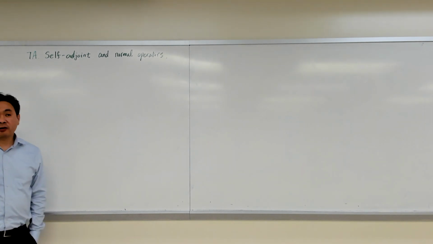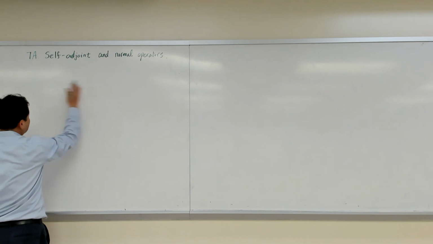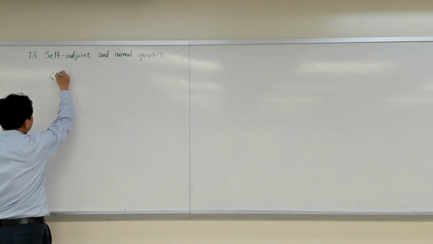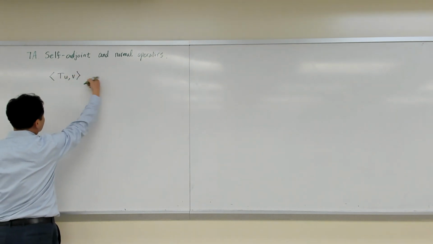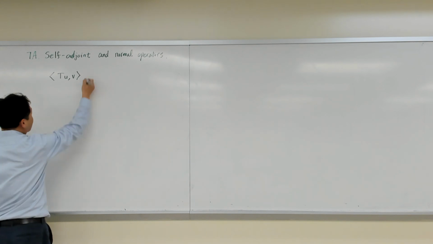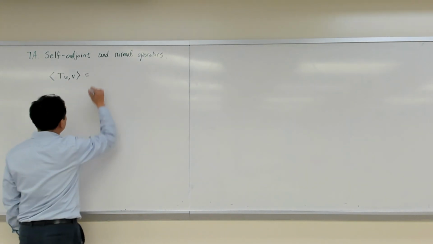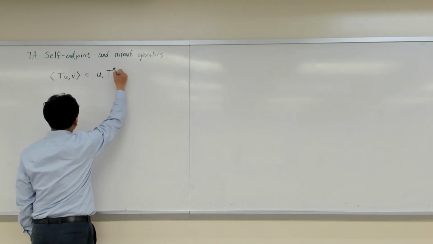Okay, so last time we learned about what the adjoint of a map is. We defined something like, if you have T, U, and V, there's this adjoint of T that allows you to move T to the other side.